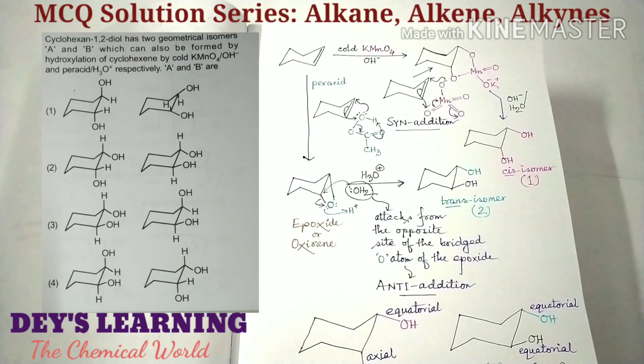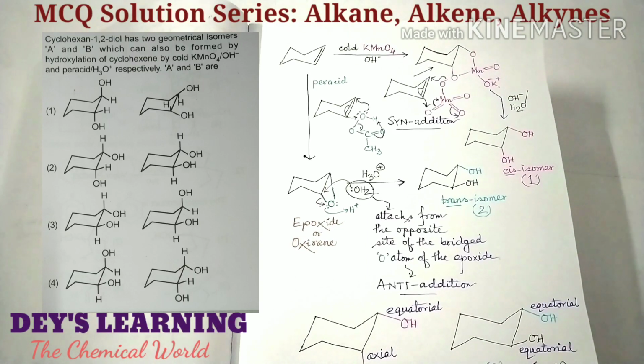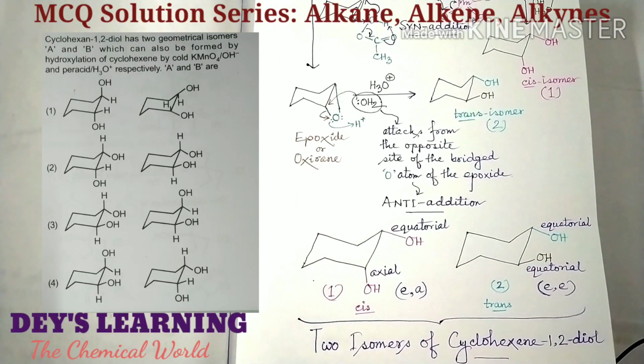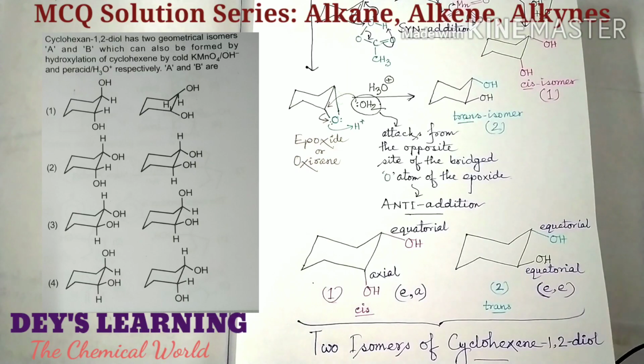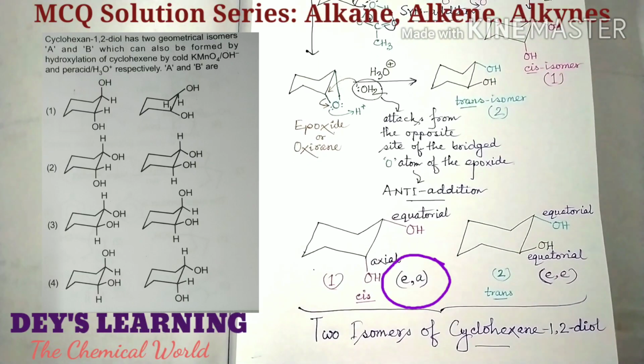KMnO4 addition is a syn addition process, and peracid followed by hydrolysis is a trans addition process. As a result of that, we get two different isomers. In KMnO4 addition we have the cis isomer, and in peracid addition followed by hydrolysis we get the trans isomer. So we can write the two isomers in this way. The cis isomer is actually an equatorial axial isomer.